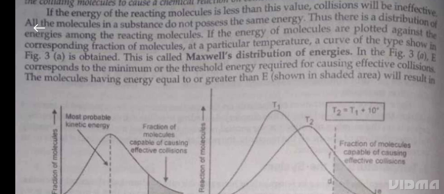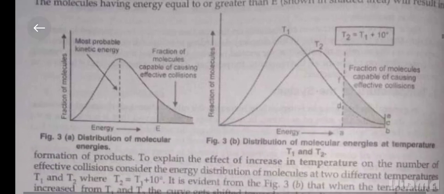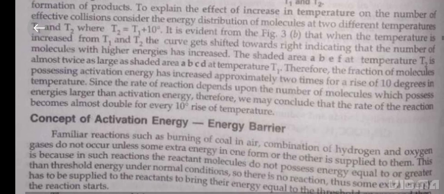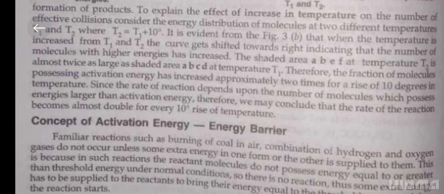The molecules having energy equal to or greater than E will result in formation of products. To explain the effect of increase in temperature on the number of effective collisions, consider the energy distribution of molecules at two different temperatures T1 and T2, where T2 is equal to T1 plus 10 degrees.